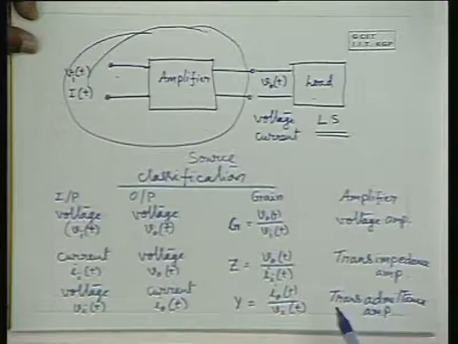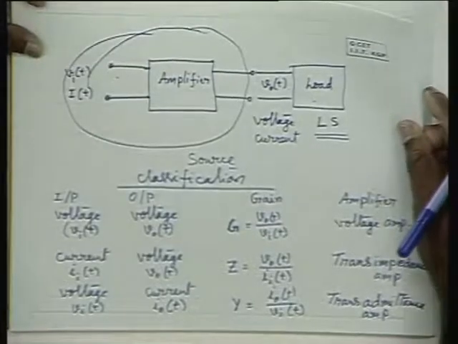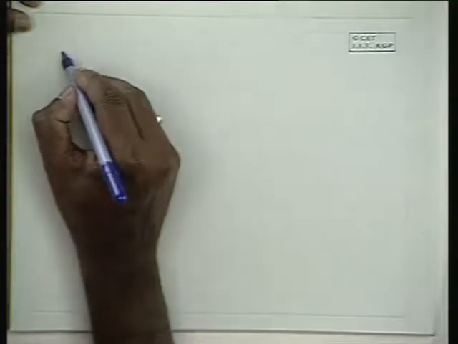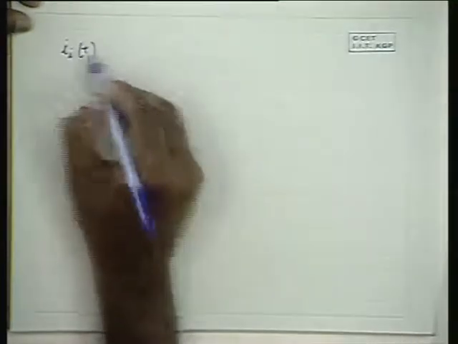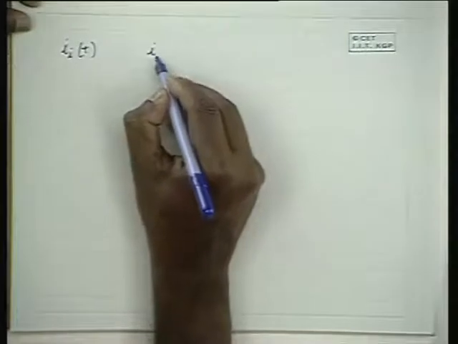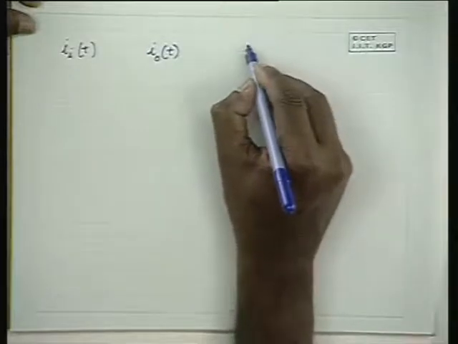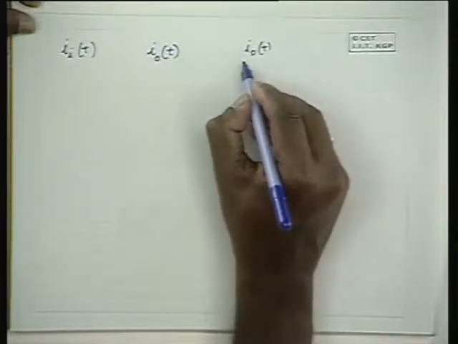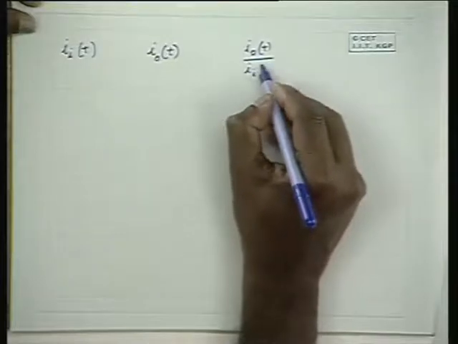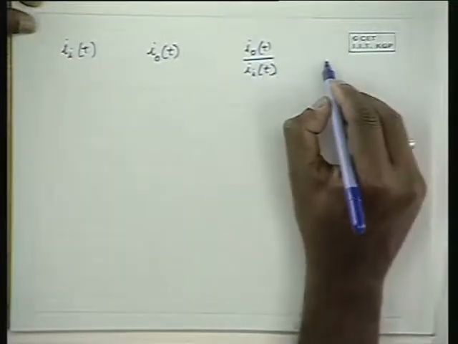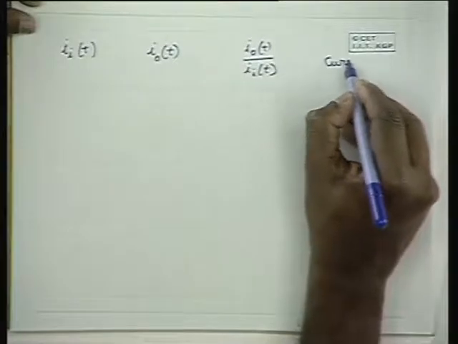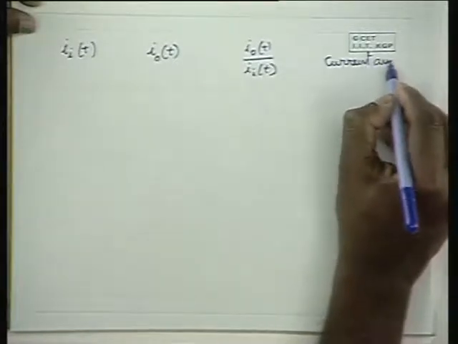Hence, they can be transresistance amplifier and transconductance amplifier rather than transimpedance and transadmittance amplifiers. Similarly, when the input signal is a current signal IIT, and the output signal is also a current signal IOT, then the transfer ratio has no units, and such amplifiers are known as current amplifiers.